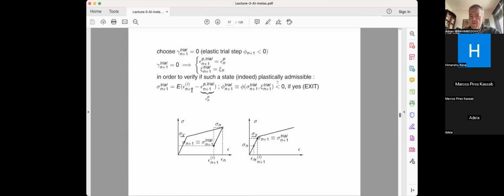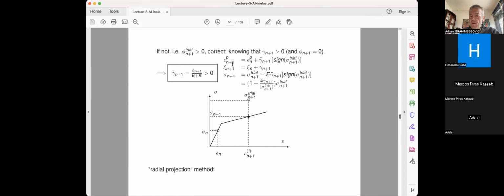This is the trial value of phi. So it is easy to show, when you work through this equation, that you can reduce it to a single equation, which says that gamma n+1 is phi n+1 trial, there should be trial here, sorry about that, divided by E plus K. And then you get your gamma n+1. Once you have it, you plug into these two updates and you get plastic deformation and the hardening variable.